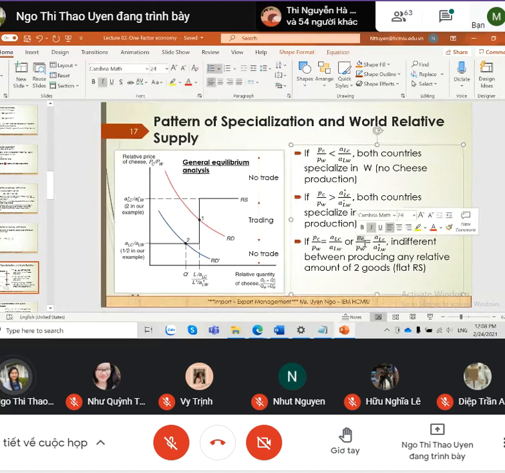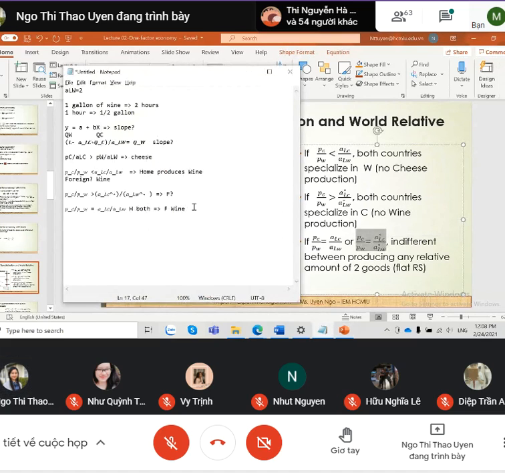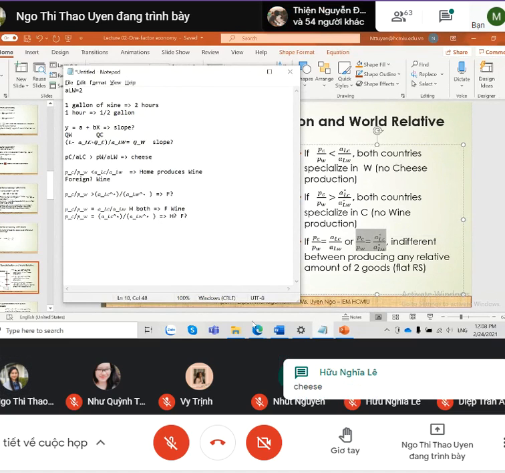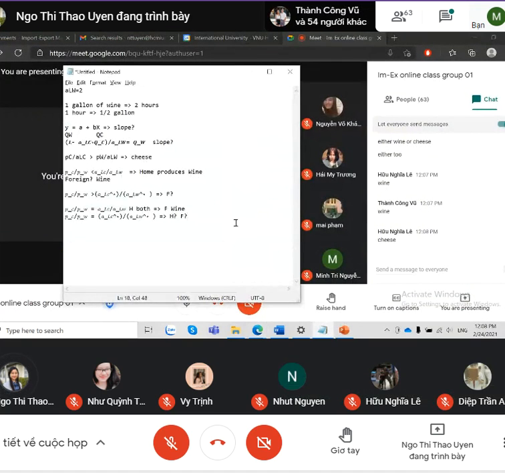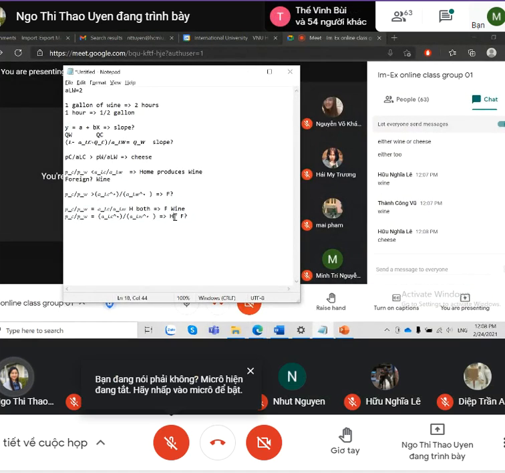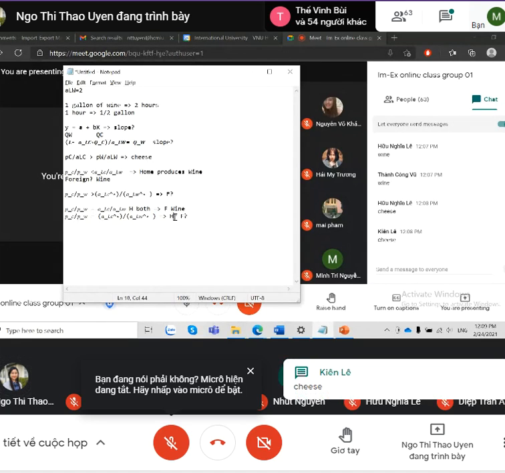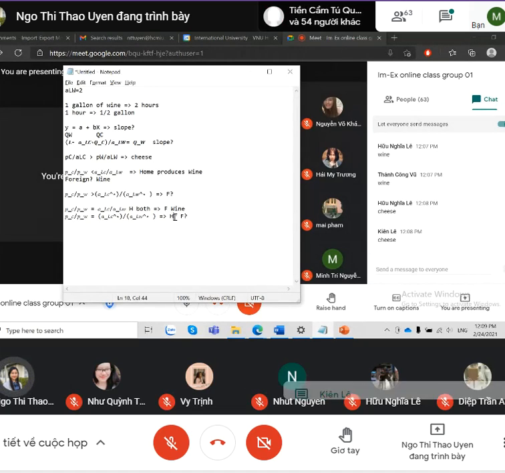How about the other case, the upper case? When the opportunity cost is exactly equal there, then home produces what?